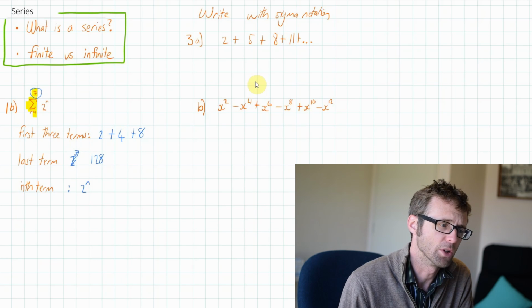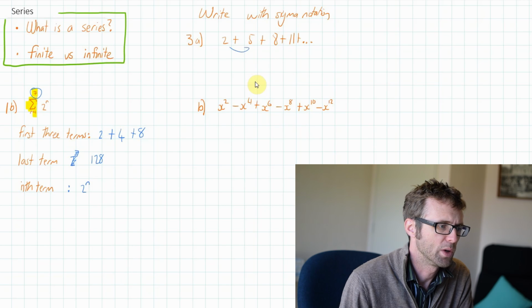Sometimes we've got to work backwards. We're given a series and we have to put it in sigma notation. So you can see here we're adding 3 each time. So you know that it's going to be a 3n series. It's going to be 3n minus 1. So to put that in sigma notation, we're adding all of these terms of the sequence.